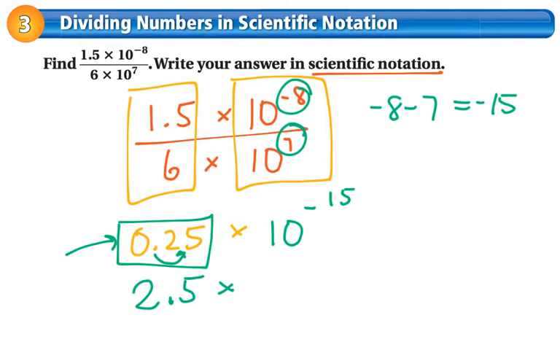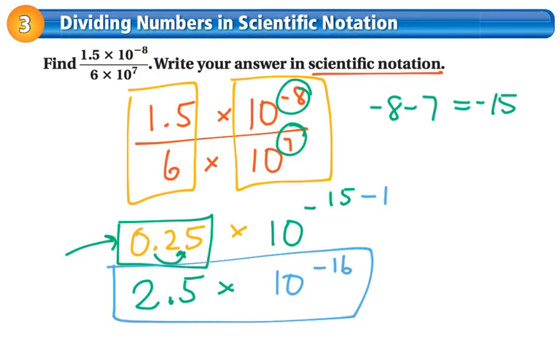So if we added one place value to the factor, we're going to subtract one away here. Negative 15 minus one more is negative 16. And lo and behold, we end up with 2.5 times 10 to the negative 16th power. It is now in scientific notation.